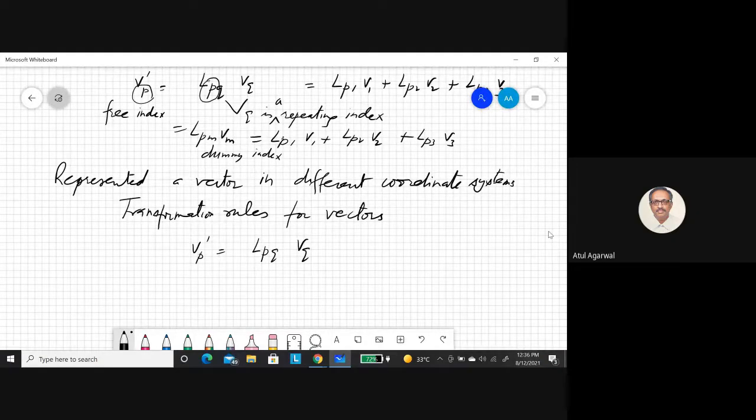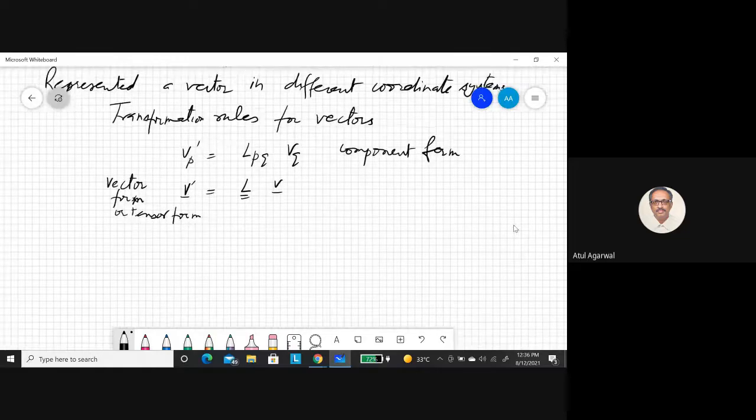So you could have also written it like this. This is known as vector form, or tensor form. This is component form. Basically, you could have written V1 prime, V2 prime, V3 prime.